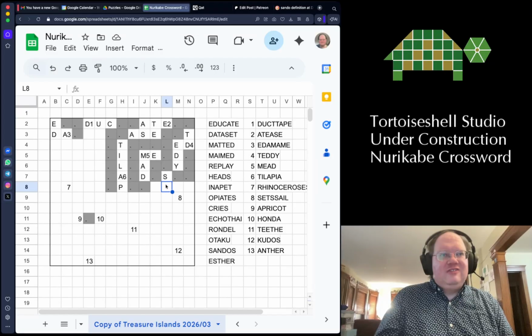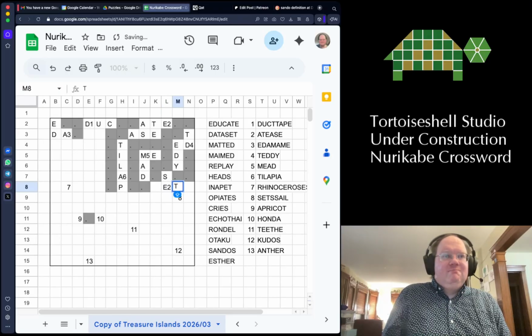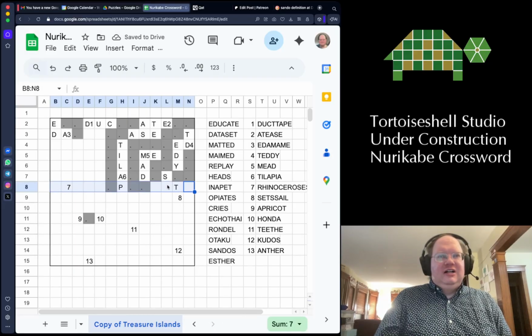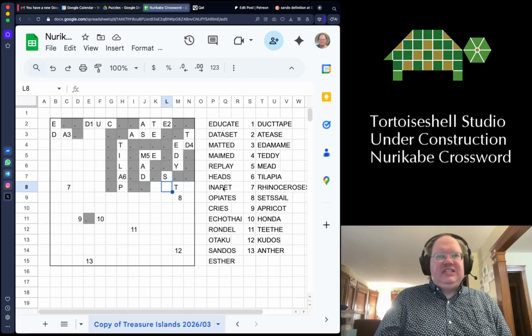Okay, so I can see that it's going to have to be ETS S. Because this row must have the ET from sets sail, and this must have the S. We can't just have E and TS from this because the T and the S aren't adjacent.